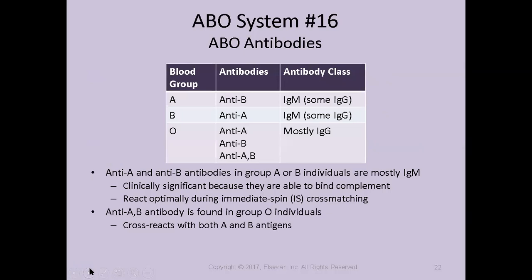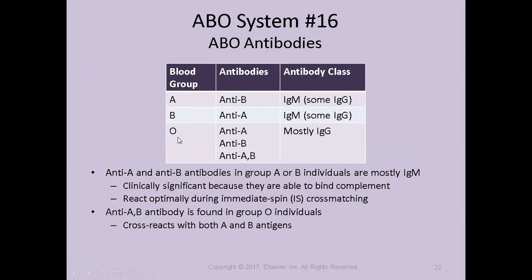Okay, so hopefully this is going to look familiar. Here we have our blood groups and the antibodies. Someone who is blood group A has anti-B. It's mostly IgM with some IgG. Someone who is blood group B has anti-A, mostly IgM and some IgG.